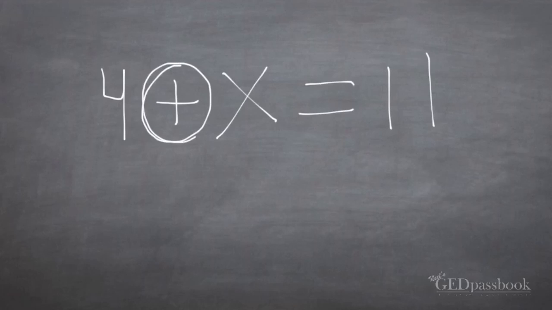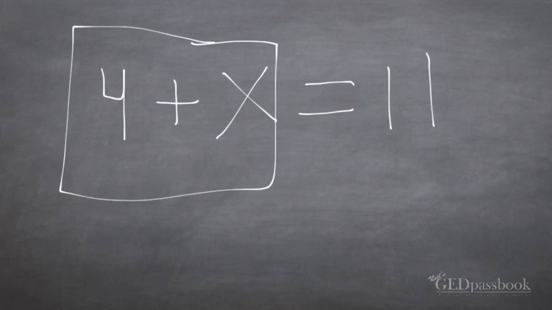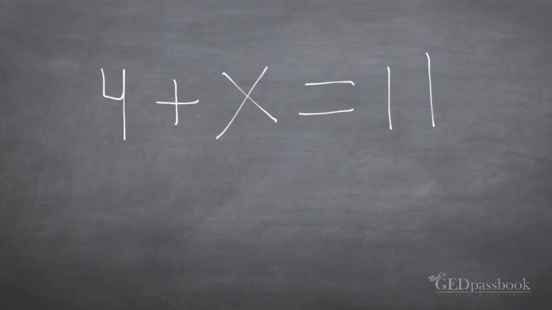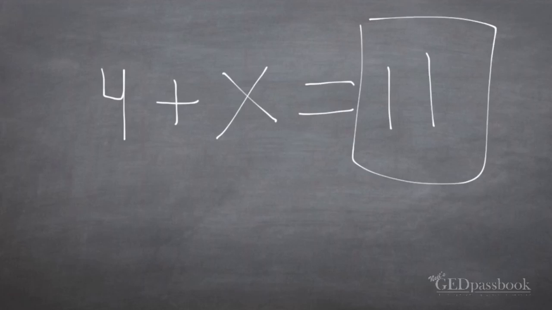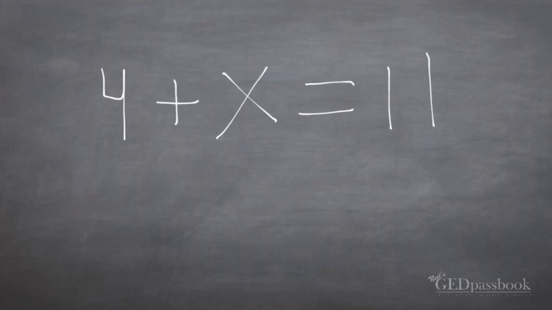This symbol right here, addition, what does it do? It separates these two terms, right? This side of the equal sign, let's say, is a binomial. You guys already learned that. You guys already know this. And on this side, all we have is a monomial, right?